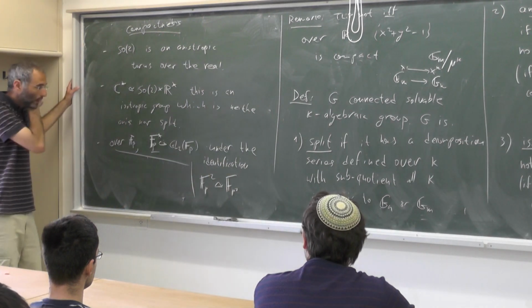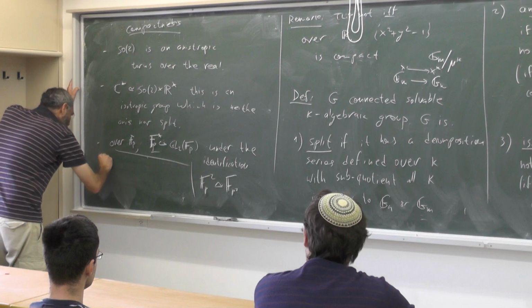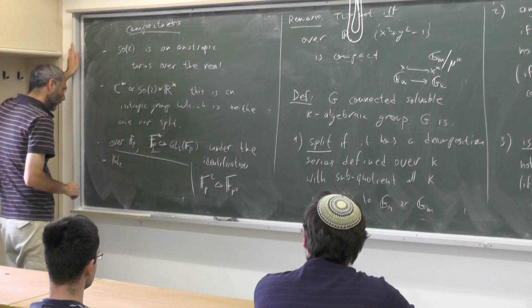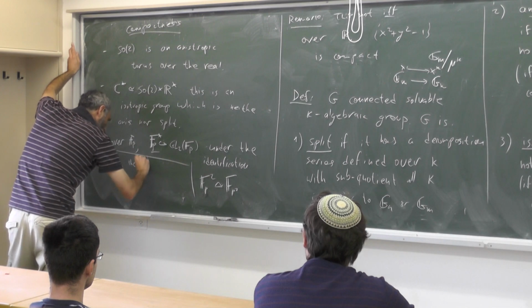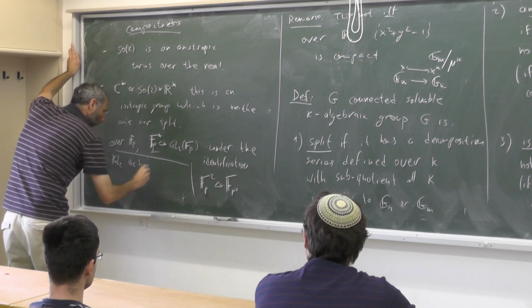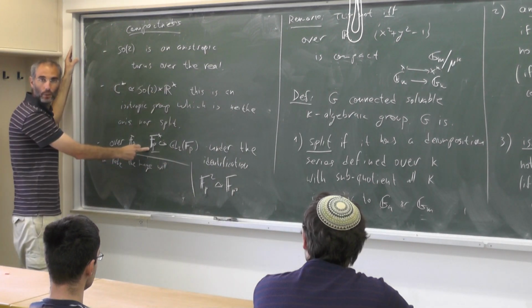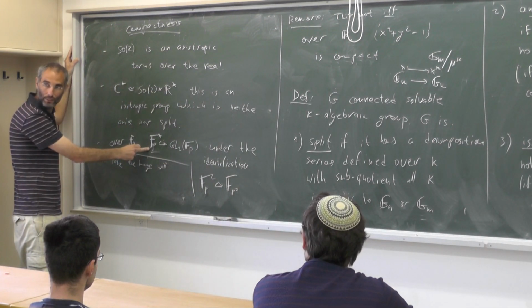And maybe in PGL2, the image will be the image of the group G that I'm describing here.